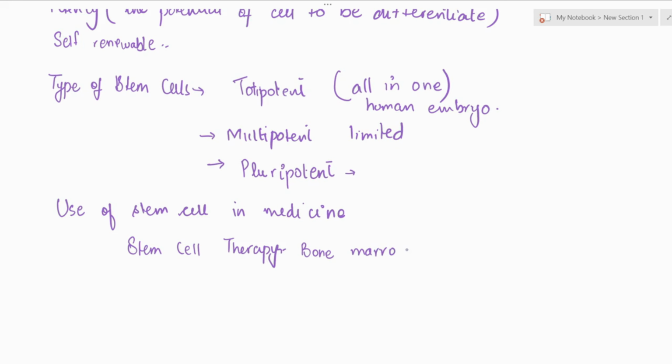In case of blood cancer, we discussed this, right? Therapy means treatment. It's a treatment with the help of stem cells. Now, if a person suffers from some kind of blood cancer, let's talk about blood relations because it is most common there.